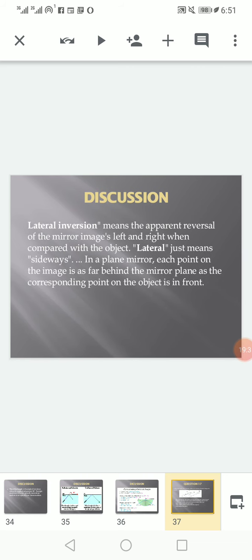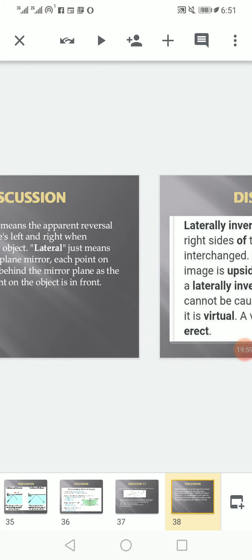Now, what do we mean by an inverted image? Lateral inversion means the apparent reversal of the mirror's image, left and right, when compared with the object. Lateral just means sideways. In a plane mirror, each point on the image is as far behind the mirror plane as the corresponding point on the object is in front.